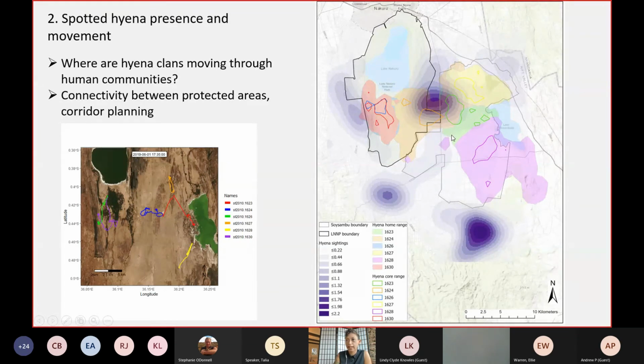So this same hyena clan moves to and from the conservancy every day, as you can see represented by this individual. And from the 2 sighting hotspots in the south, we've since learned that there are 2 hyena clans that we were unable to collar and study thus far. So the mapping data essentially helped us to learn this, and we'll be trying to collar those animals in the future.